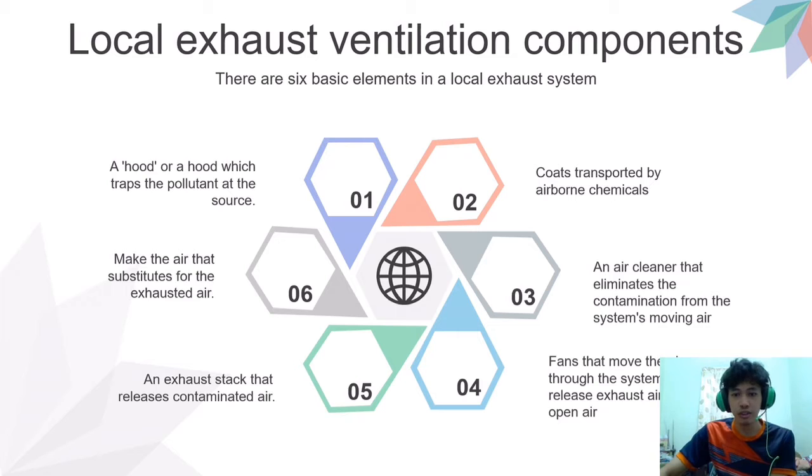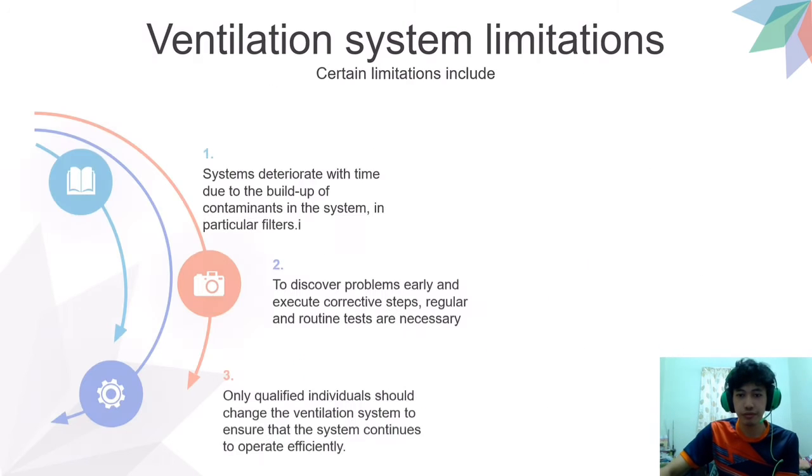So we continue to the other part. For the ventilation system limitations, there are certain limitations. Number 1, the system deteriorates with time due to the build-up of contaminants in the system, in particular filters.